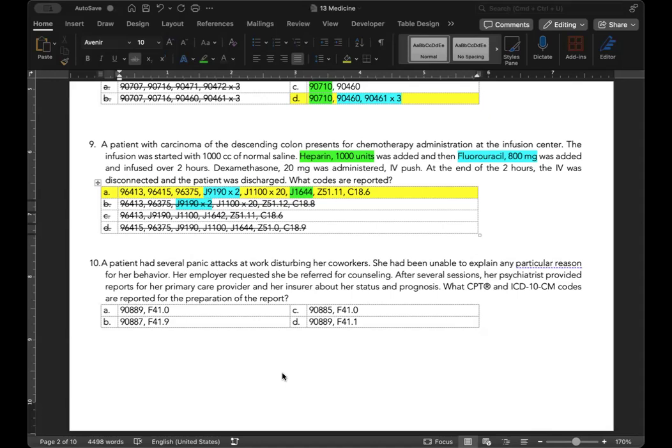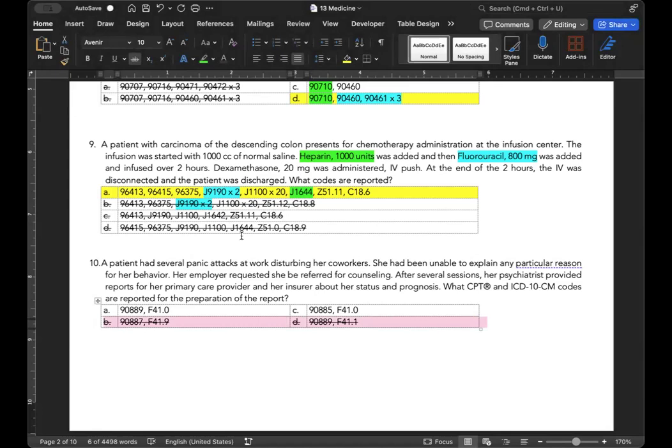Yep. So Dawn's on it. Dawn's already figured out that her panic attacks are going to be F41.0. So if you're coding it from scratch, you can go to attack in the ICD-10, and then underneath attack, go to panic, and that gives you F41.0. Okay. I'm just going to go look at the code.